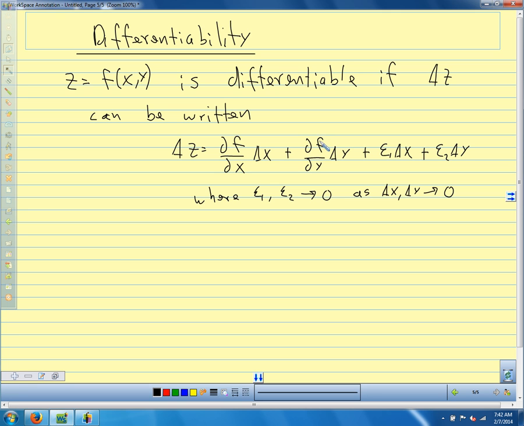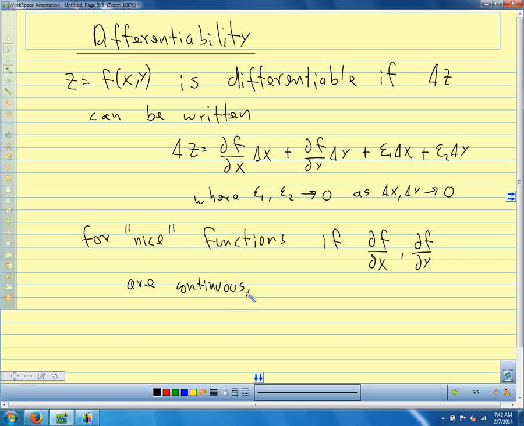So if we're working with nice functions, I'm going to put that in parentheses, for nice functions, if our partials are continuous, then our function is differentiable.